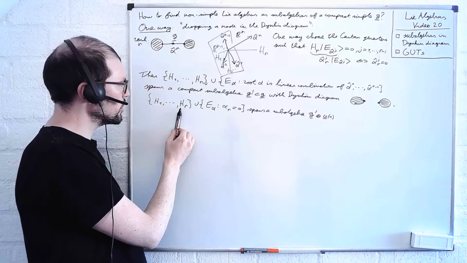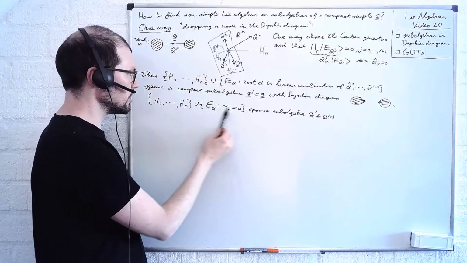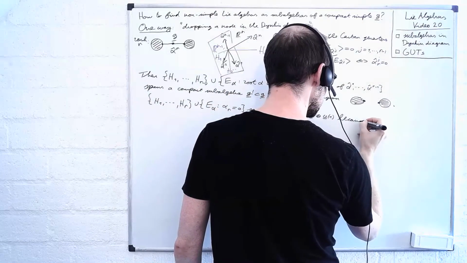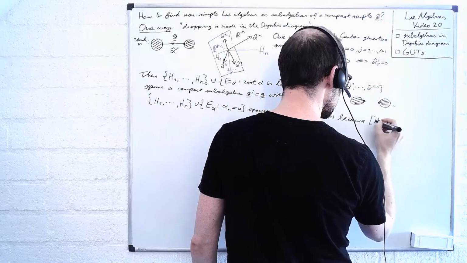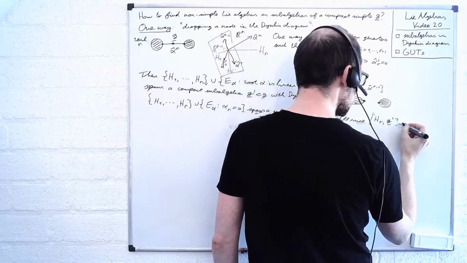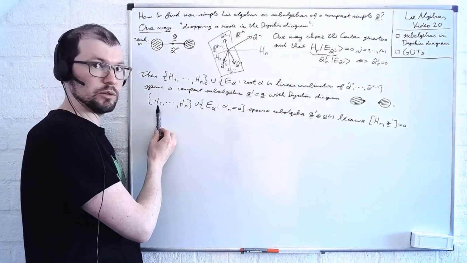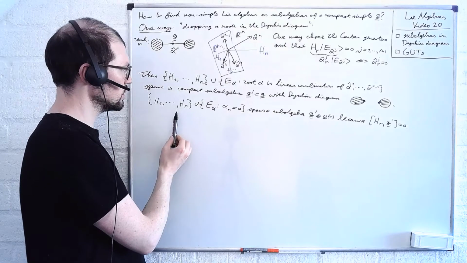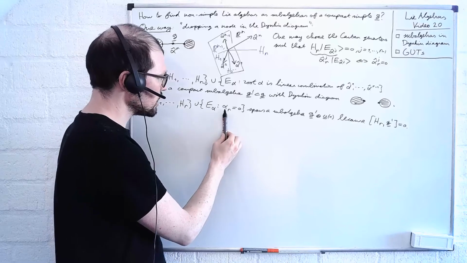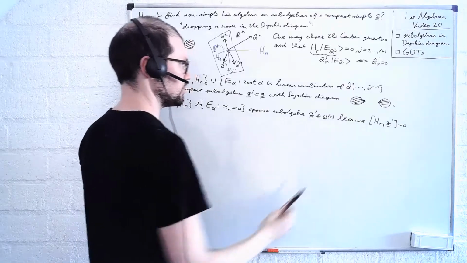Because computing the commutator of H of R with any of the other generators actually vanishes. Because H of R with all the generators in G prime is actually 0. It's certainly 0 when I take the commutator with any Cartan generator by definition. But also if I take the commutator with one of these root generators, then because the rth component of the root vanishes, it is going to vanish.